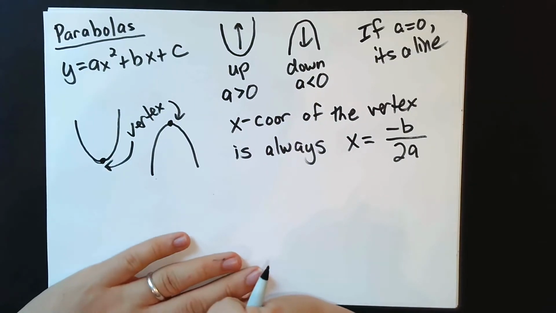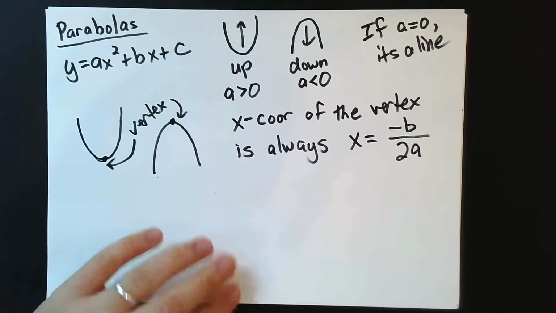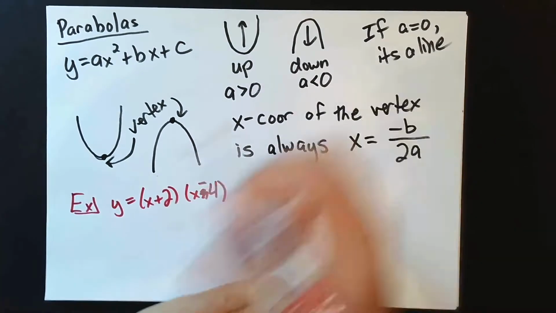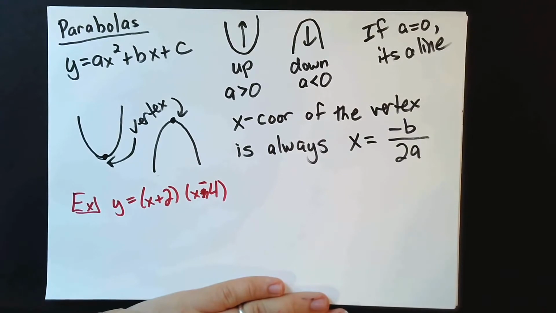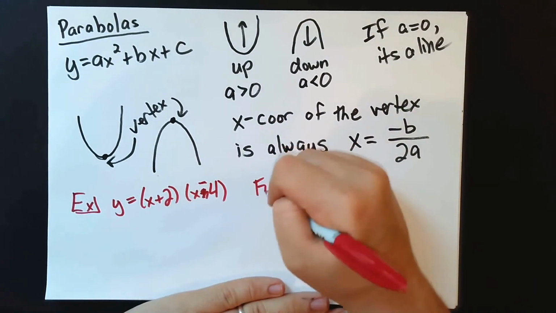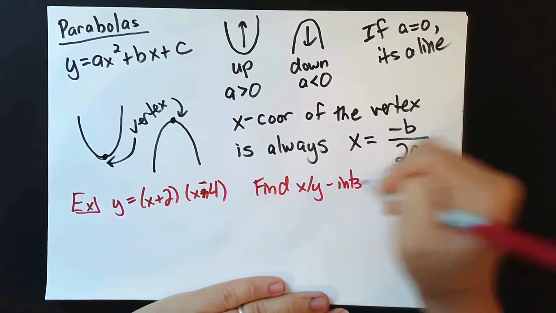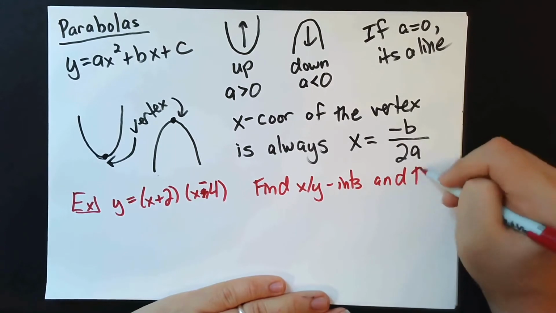And so now, if I give you a parabola, I can ask you a whole bunch of questions about it. So I can say something like, for the parabola y equals x plus 2 times x minus 4, let's find all the x and y intercepts, and the vertex.